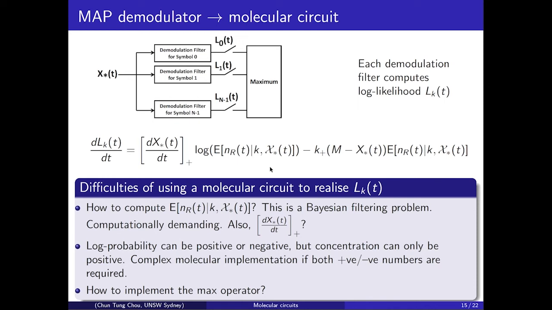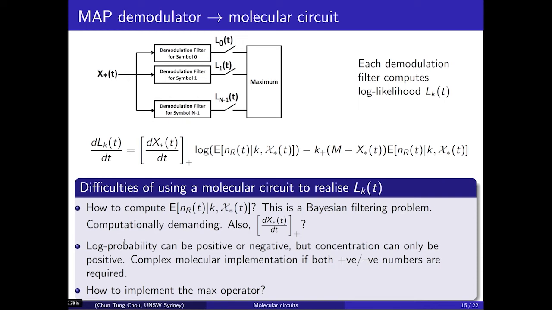It doesn't look easy because this Bayesian filtering problem is quite hard to solve, and it's computationally demanding. Derivatives, yes, there are circuits using chemical reactions to compute derivatives, but there's a lot of work, and a lot of chemical reactions are needed. We want low complexity circuits. Can we do better? Another problem we need to overcome is that because we are computing log likelihood, log probability can be positive or negative, but concentration can only be a positive quantity.